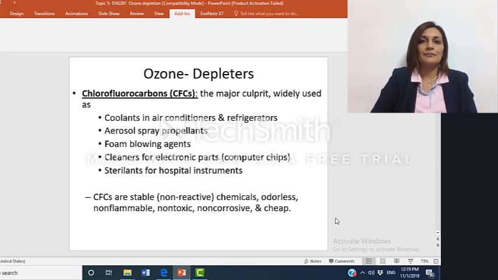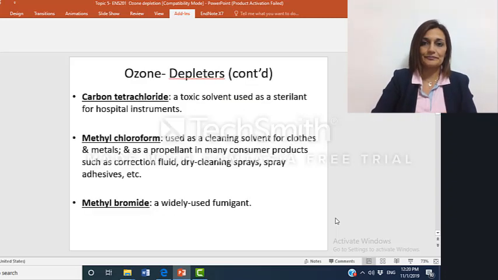We find it in hairsprays, in air conditioners and refrigerators, foam blowing agents, cleaners for electronic parts, and sterilants for hospital instruments. So CFCs are very stable, they can persist in the air, and it is odorless, cheap, non-toxic and non-flammable. This is why it is used. Well, luckily, we will see in a while, it is banned and it is replaced or substituted by another gas.